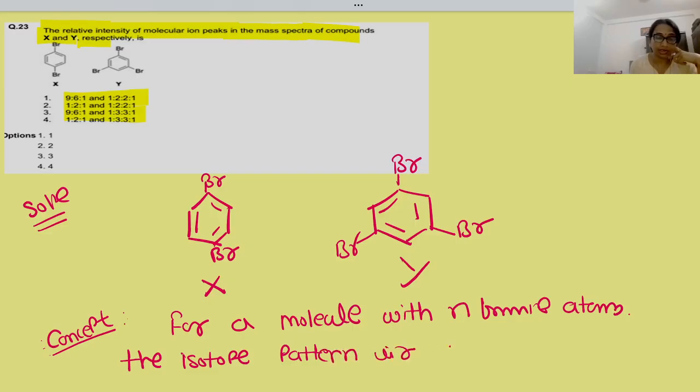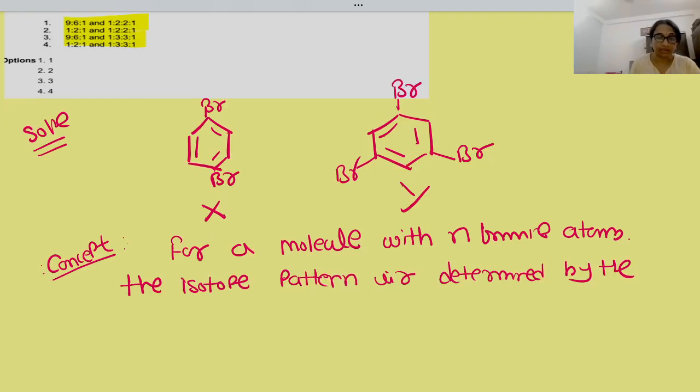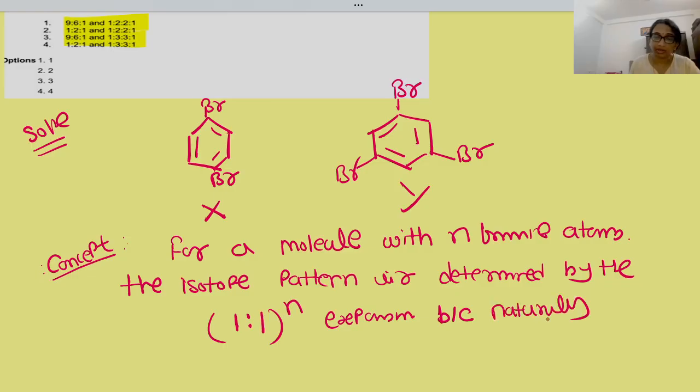The isotope pattern is determined by a formula: the intensity ratio is (1 : 1) to the power n, where n is the number of bromine atoms, expanded binomially. This is because naturally occurring bromine is roughly a 1 to 1 mixture of the isotopes bromine-79 and bromine-81. Both are isotopes of bromine and occur naturally in a 1 to 1 ratio.